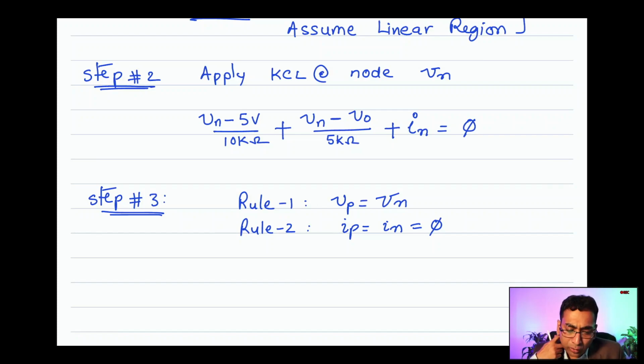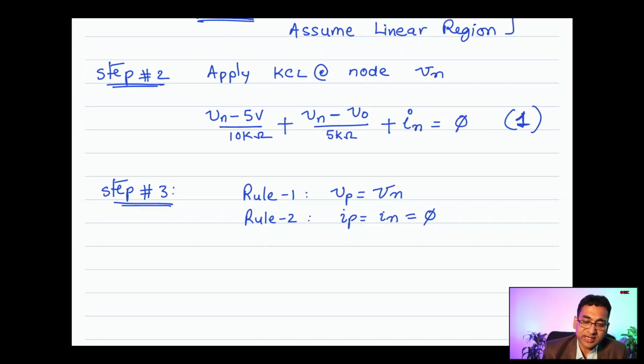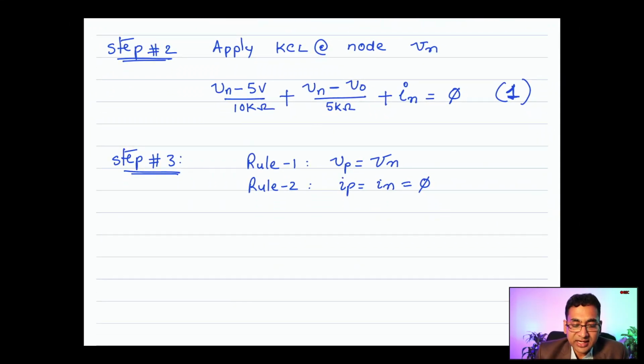So, if we know the value of Vp, we should be able to plug that into equation 1 here, and then solve it. There are actually 3 unknowns, but we have a mechanism to find Vn and In, so that we can eventually get a value for VO.